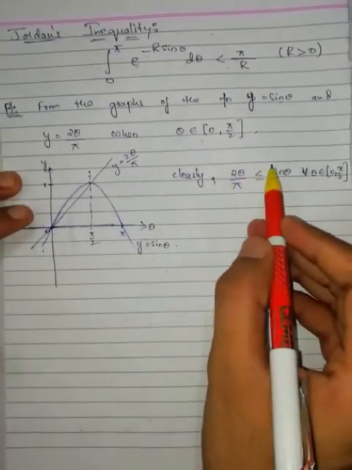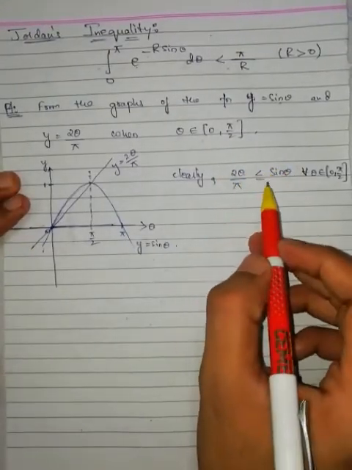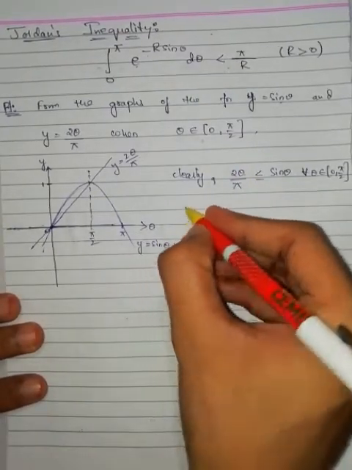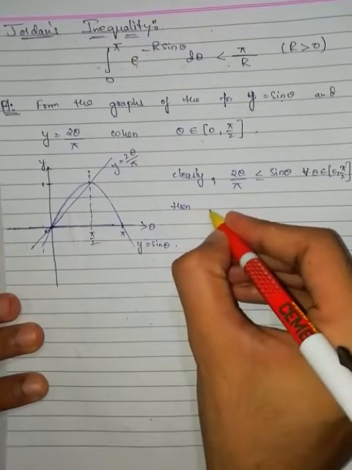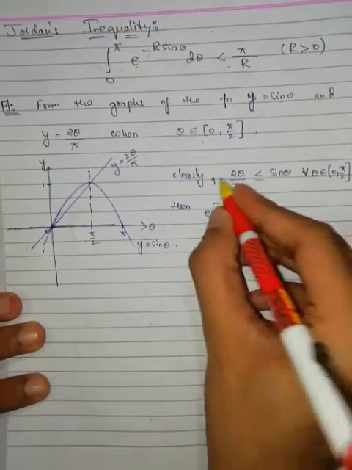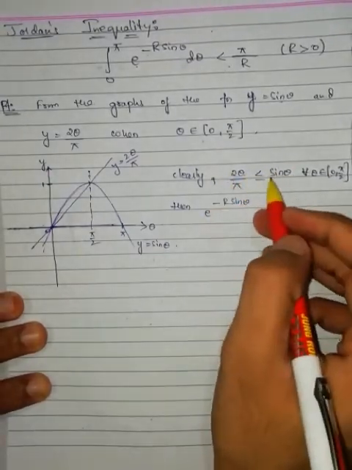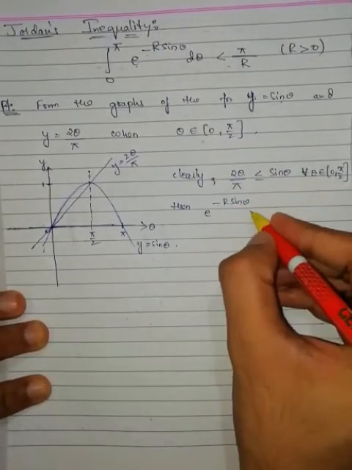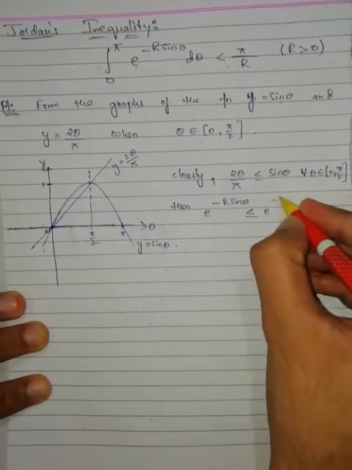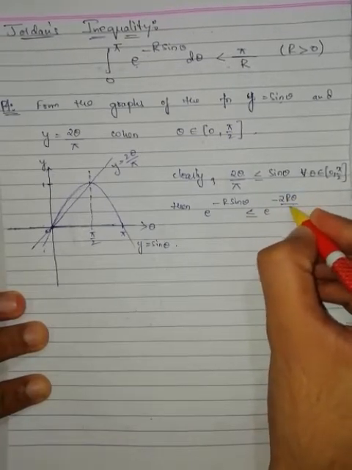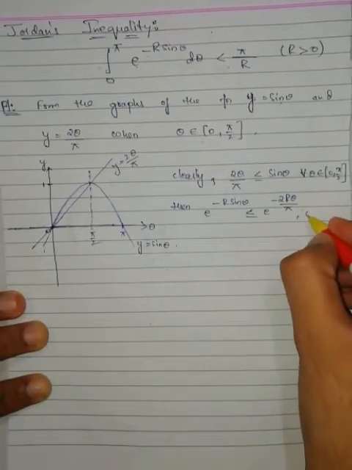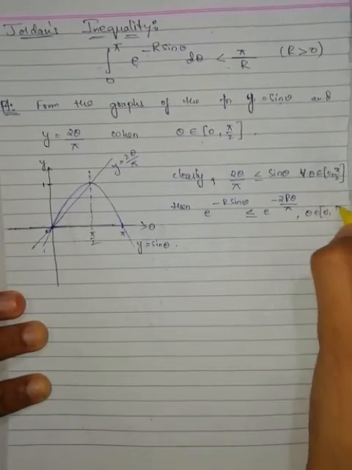Now I am going to multiply minus on both sides, inequality changes, and then taking the exponential on both sides. Then e to the power of minus capital R sin theta, means first multiplied minus R on both sides, then taking exponential, this one is less than or equal to e to the power of minus 2R theta by pi, where theta belongs to closed interval 0 to pi by 2.